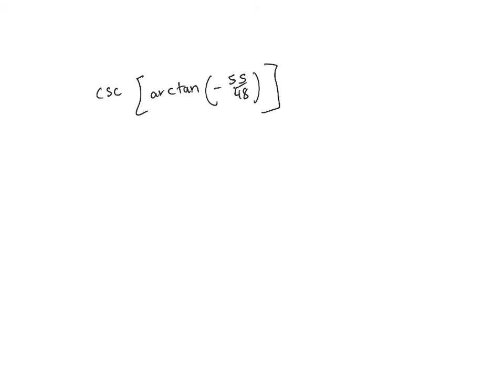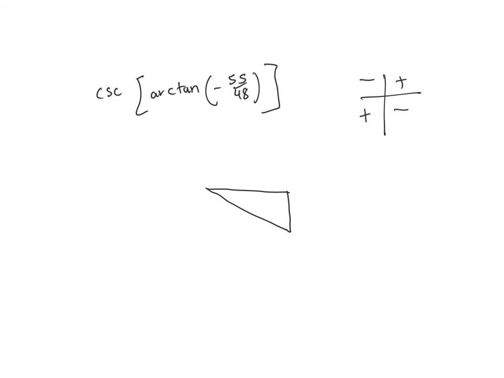My tangent is negative. It's positive in the first and third, but it's negative in the second and fourth. So I'm going to put my triangle in the fourth quadrant. I could draw it in the second quadrant and it will give me the same answers.